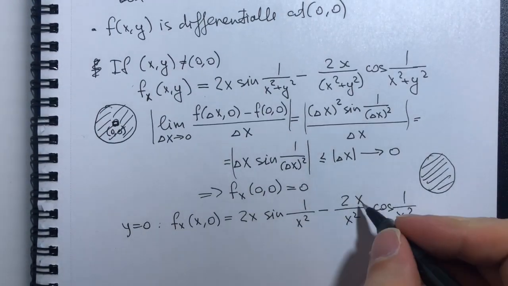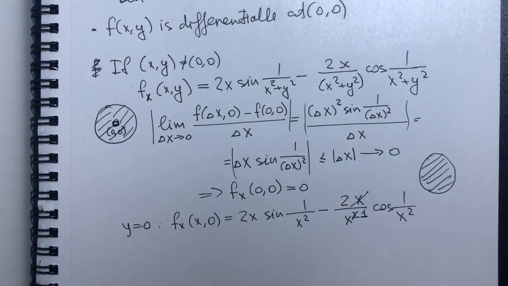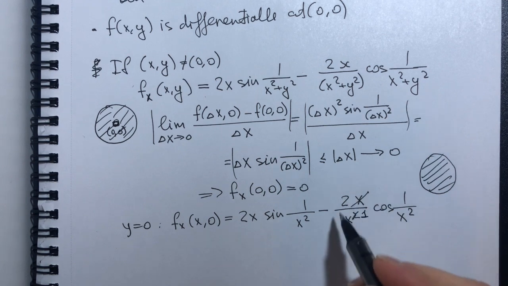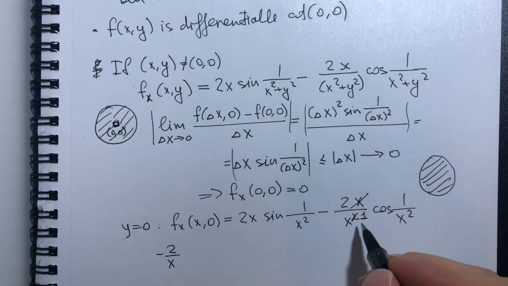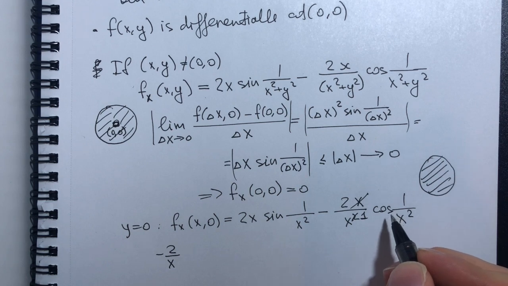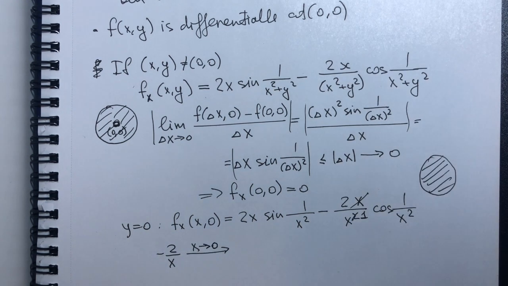So now I see that I can cancel out x here and here, and I'll be left with minus 2 over x as a factor in front of cos in my expression. But I know that as x goes to 0, this guy goes to minus infinity.